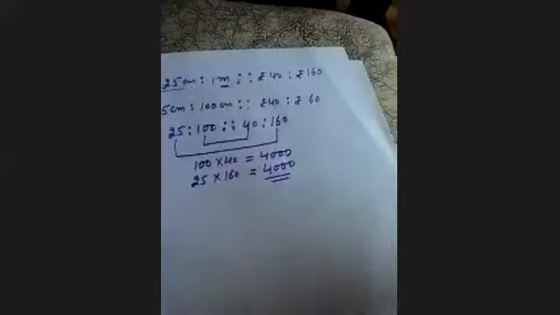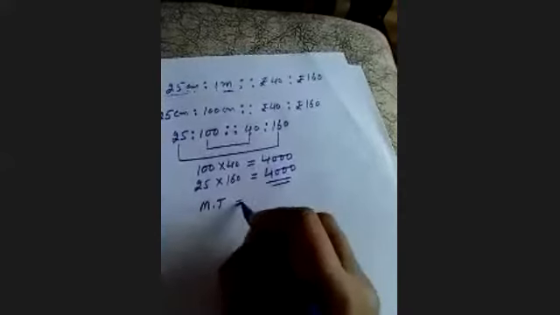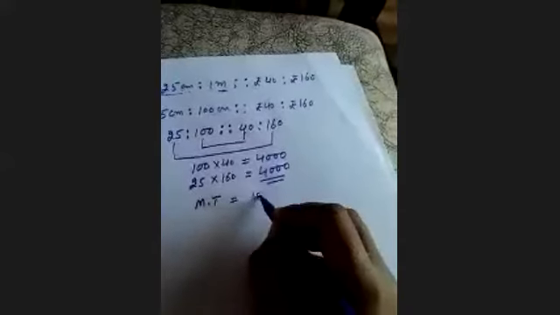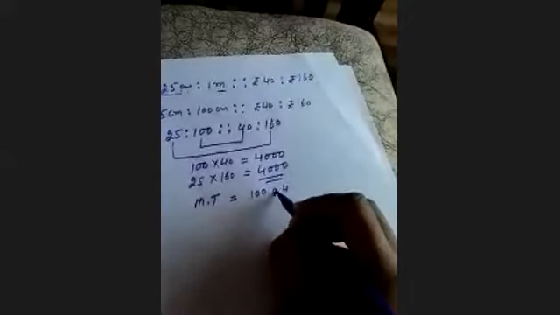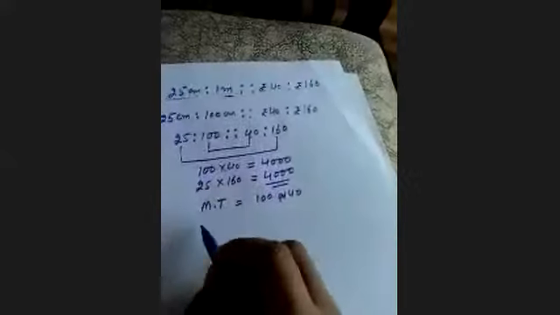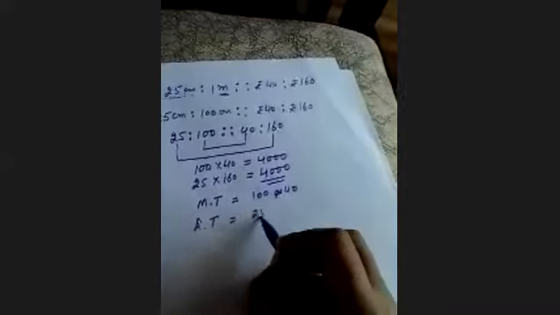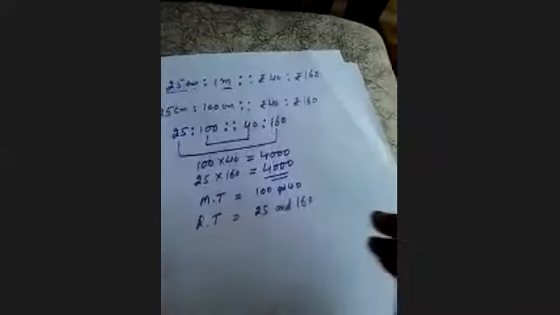Now middle terms are 100 and 40, and extreme terms are 25 and 160.